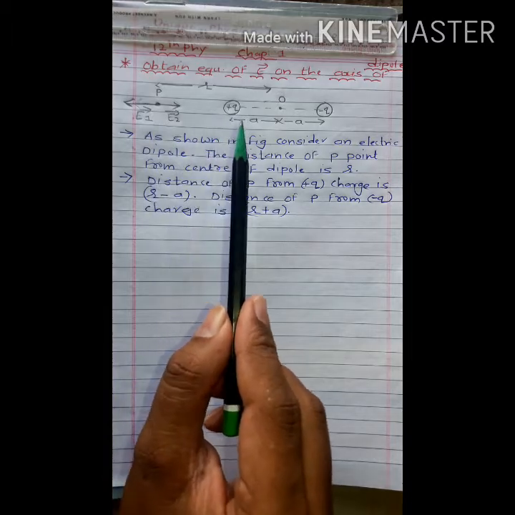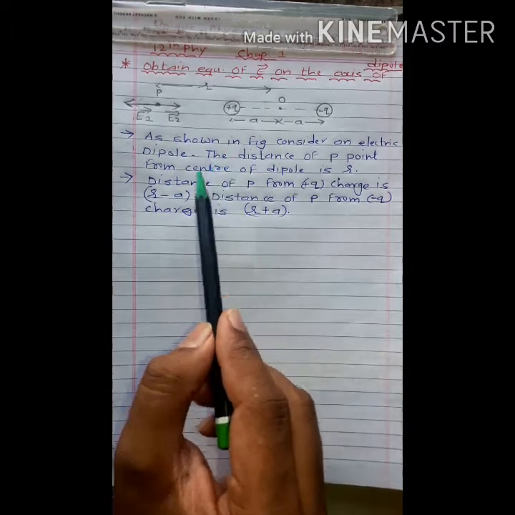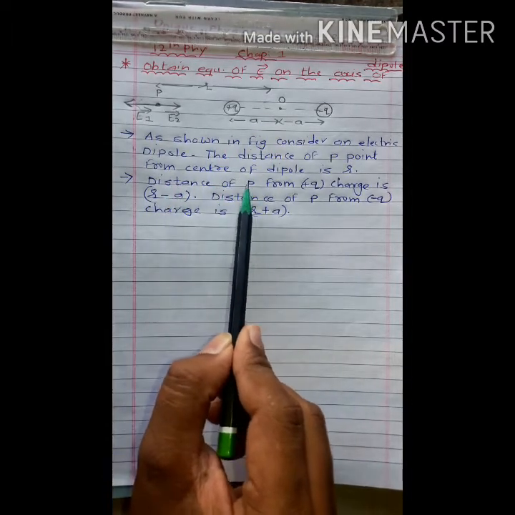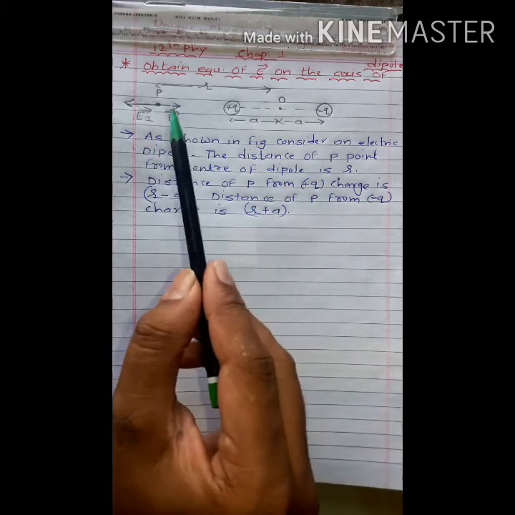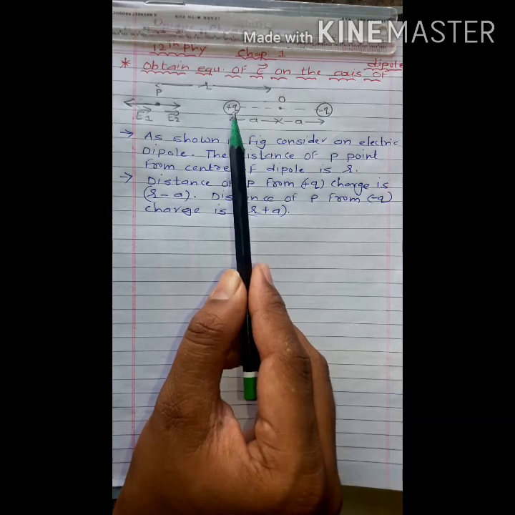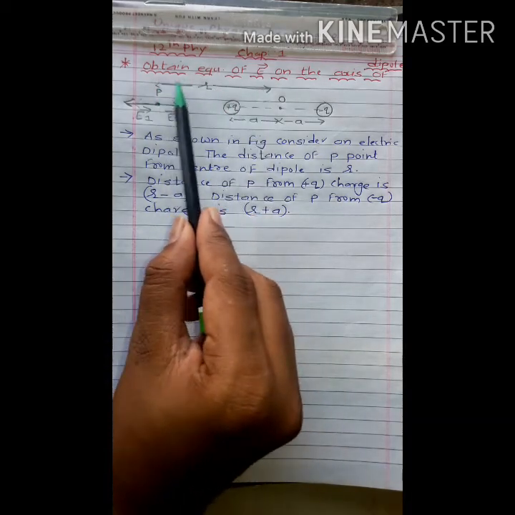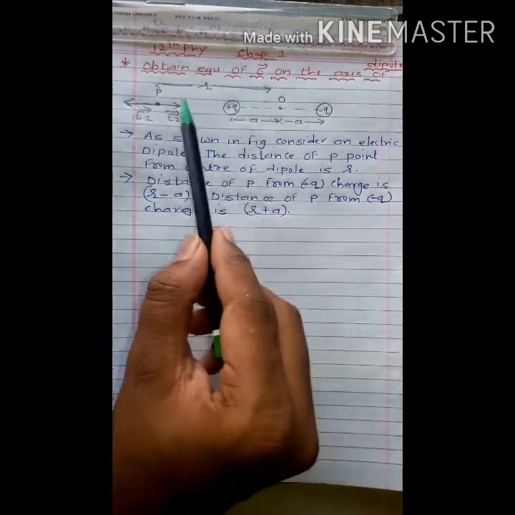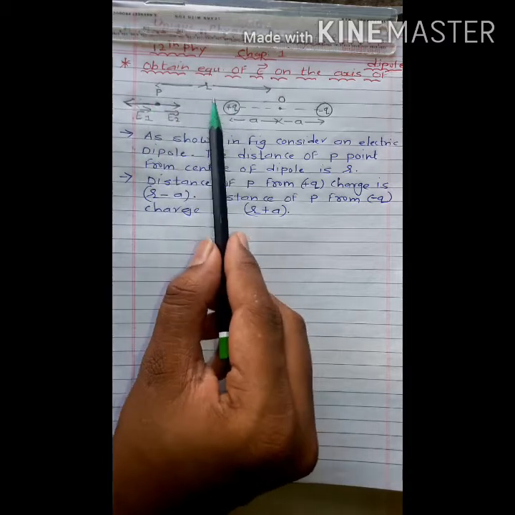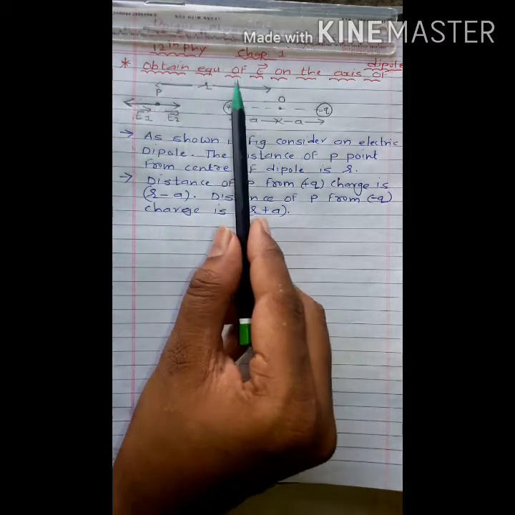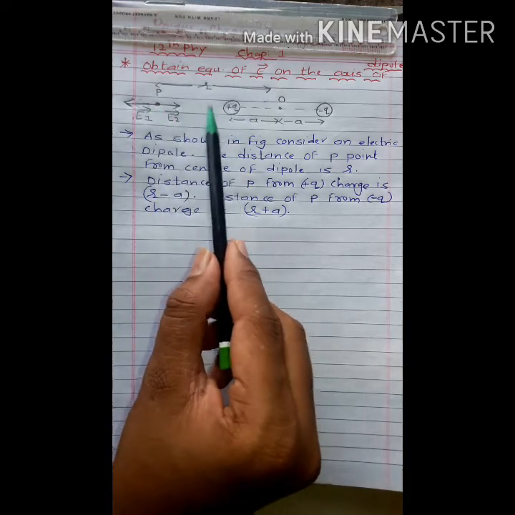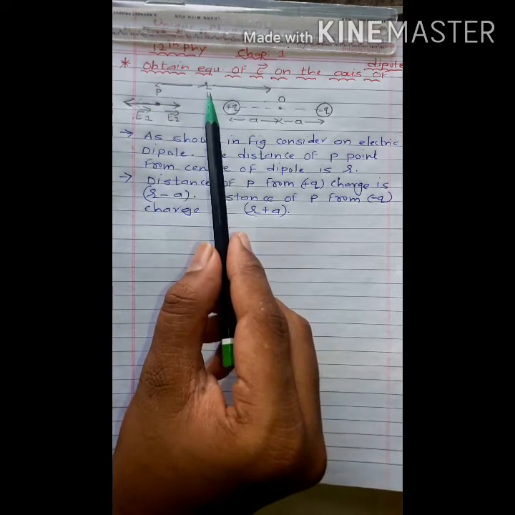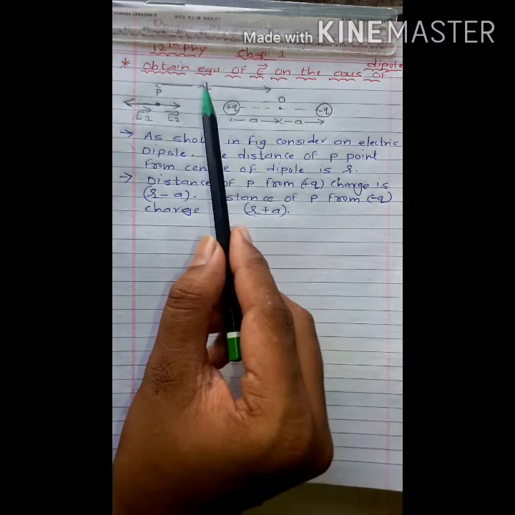Okay, so from this geometry we can say that the distance of P point from plus q charge is r minus a. Okay, this is our plus q charge. We want this distance. Here we subtract a from r.